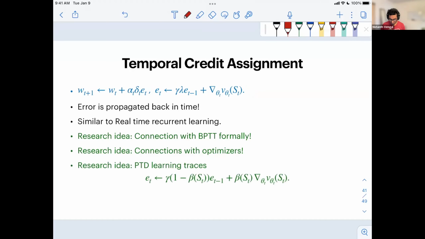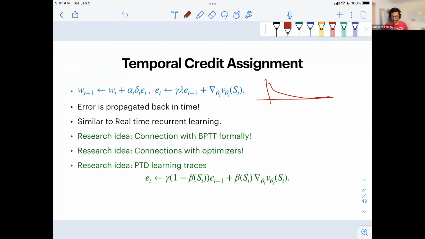Yeah, and the third idea that I could think of is what we worked on recently, which is called preferential TD learning. Here, if you see eligibility traces, there's exponential decay of credit for all the states seen in the past. If you think of the actual temporal credit assignment problem, whenever you see an error, you assign it to a particular state or a few states in the past.